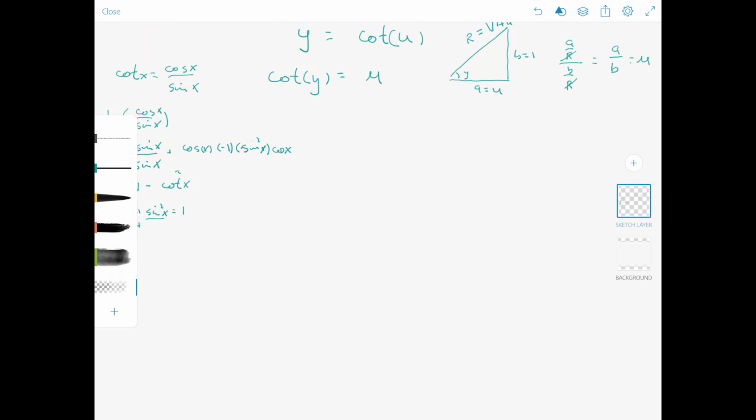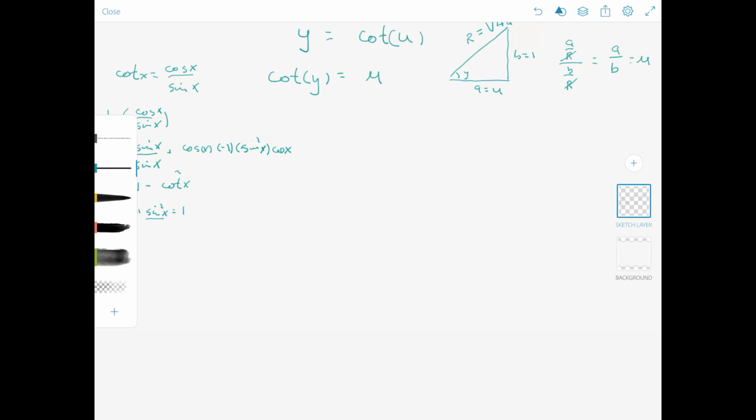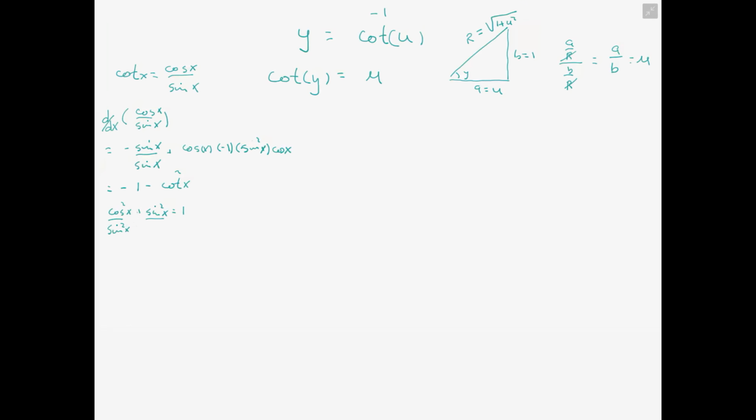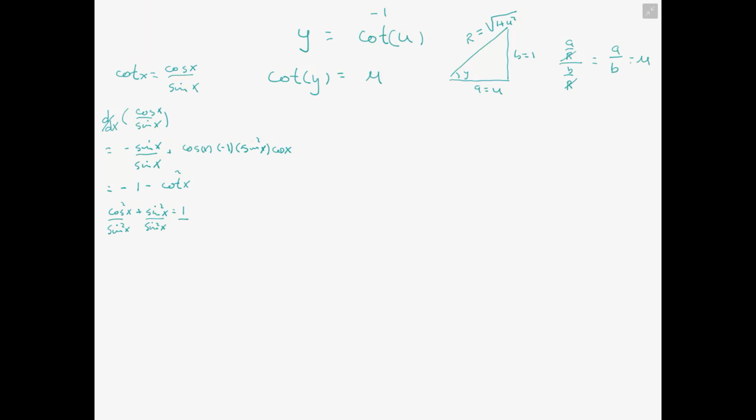Okay, there we go. Dividing by sine squared x, we get 1 over sine squared x.